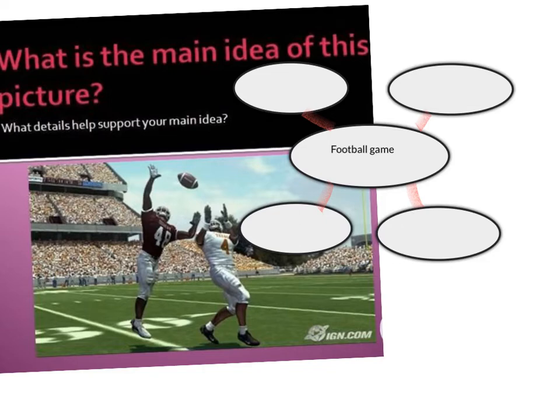One of the details I noticed is that there is a football. Pretty obvious. Another supporting detail I noticed would be there are football players. Another supporting detail I see is the football field.